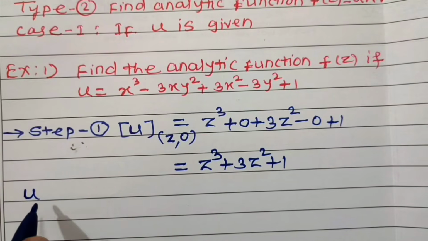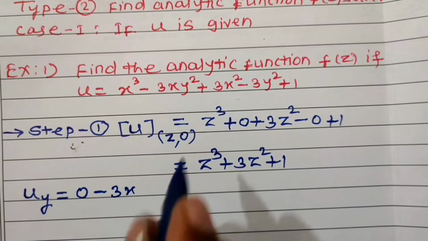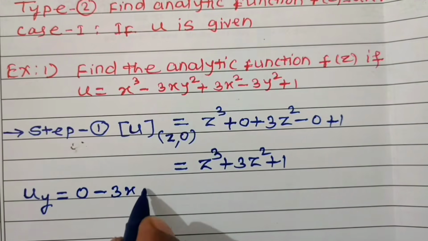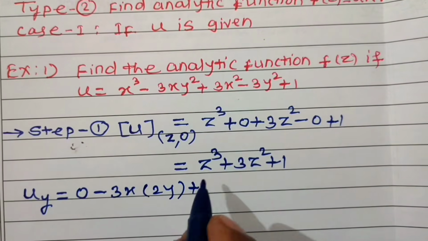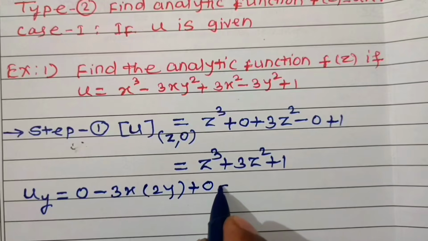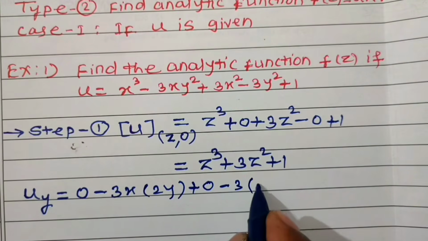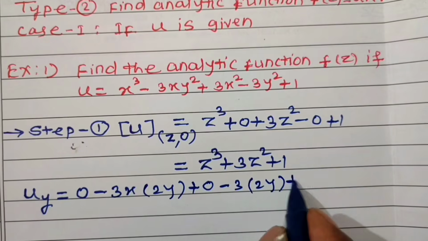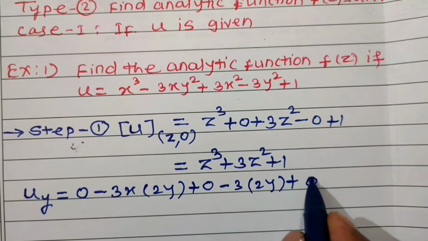Derivative of u with respect to y considering x as constant. So derivative of x cube with respect to y is 0 minus 3x into derivative of y square with respect to y is 2y plus derivative of 3x square with respect to y is 0 minus 3 into derivative of y square with respect to y is 2y plus 1 is constant, its derivative with respect to y is 0.